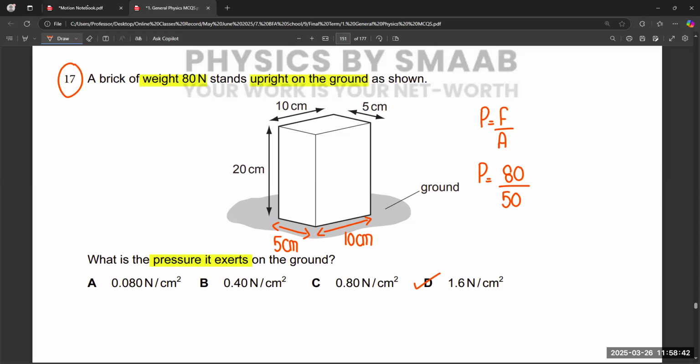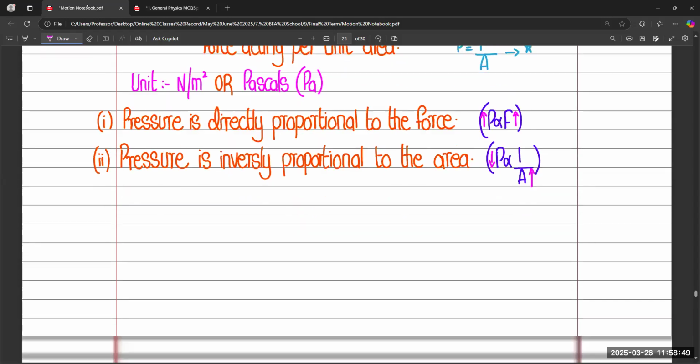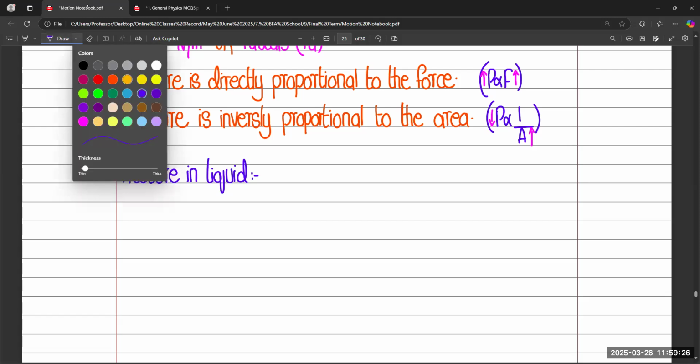Because in liquid we do not have any particular shape or particular volume, that's why the formula for pressure in liquid is different. So pressure in liquid can be calculated with the help of a formula.